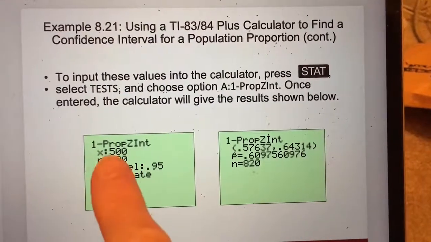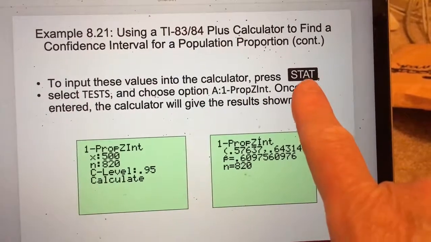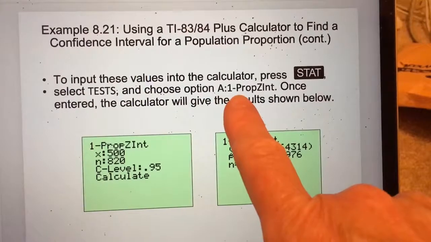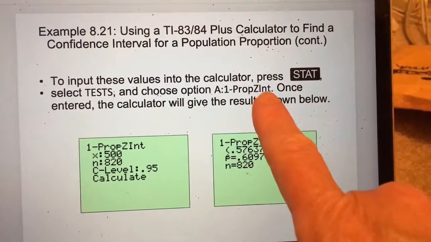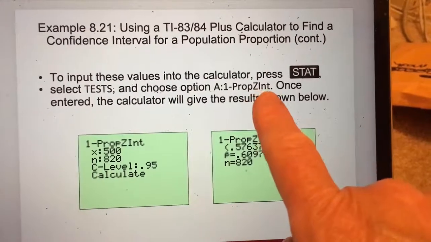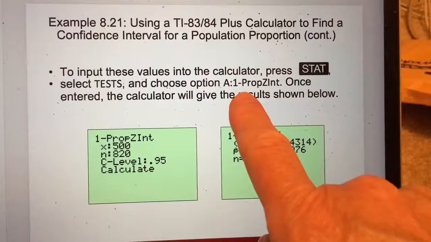To get to this function, all you have to do is hit stat and go to test. And then you're going to choose the 1-PropZInt, or interval, not integer, interval. So that's the interval for the proportion.